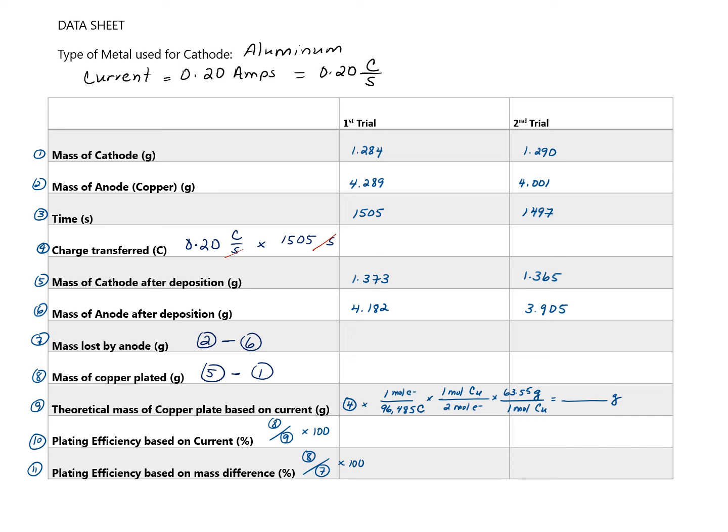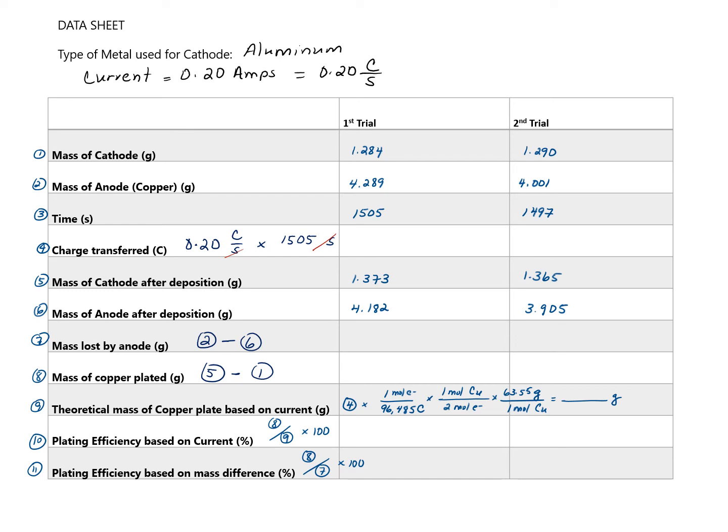So we're starting our calculation with the number that we have in 4, which is the charge that is being transferred. And remember, we're calculating that charge by multiplying the current that we're using times the time in seconds. So we're starting with the number in number 4, which has units of coulombs. Now, every mole of electrons contains a charge equal to 96,485 coulombs.